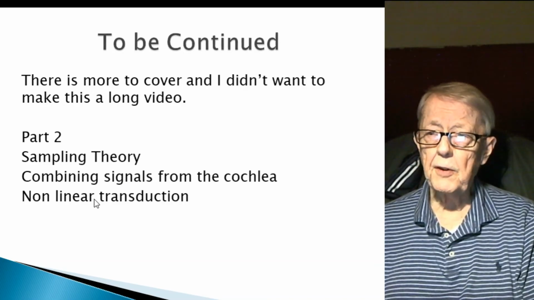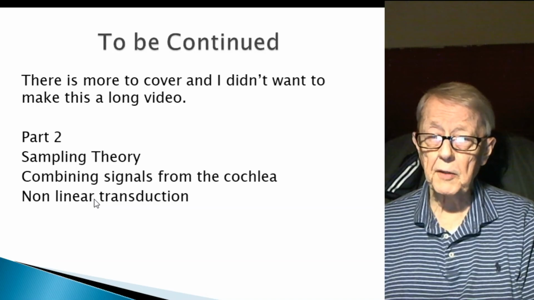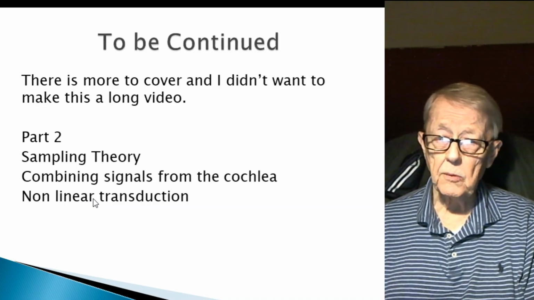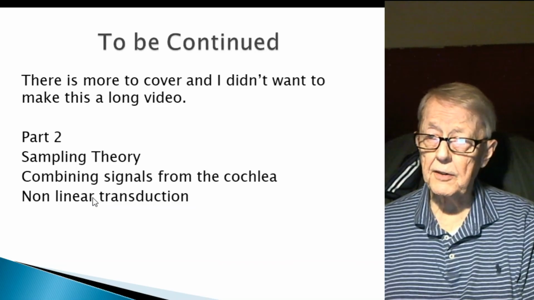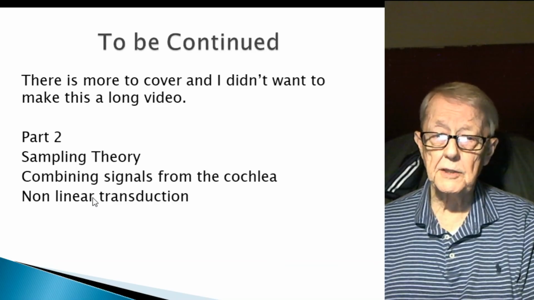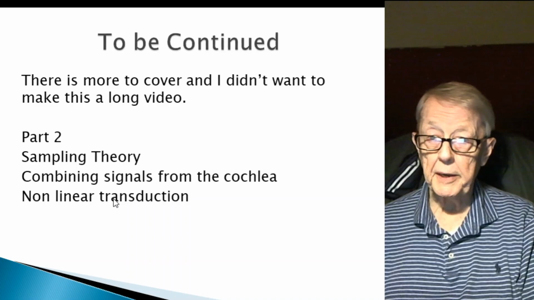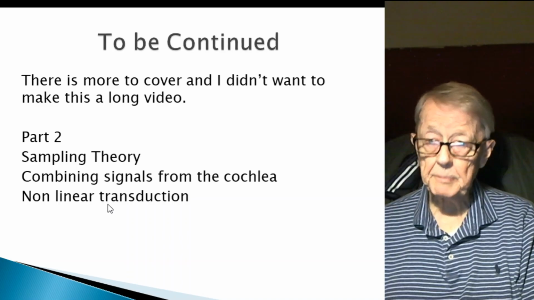And then there's a very interesting thing that the speaker in this particular video talked about, which involves the fact that the ear is not really linear in all cases. There's a non-linear transformation being made, and it has a very unique effect. And I'll be talking about that next time.